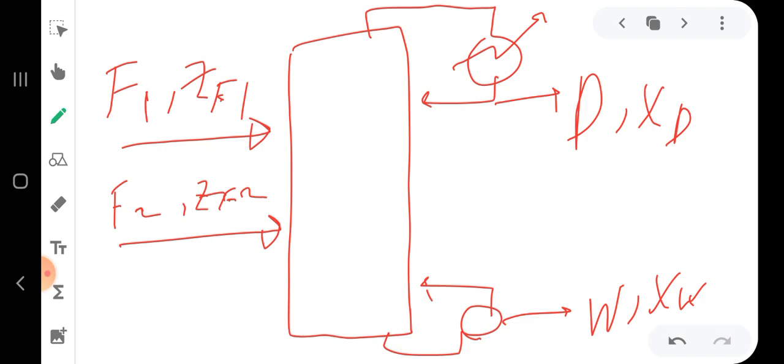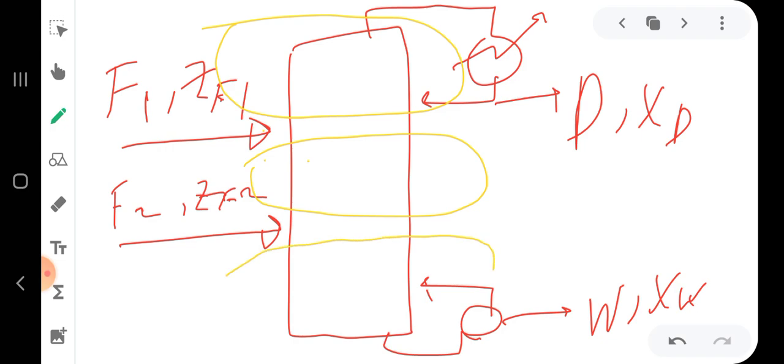This will be my first section until feed 1, this will be my second section until feed 2, and this will be my third section from feed 2 to the waste. So the idea is that we divide the column into 3 sections, each section separated by a feed stream. And you can extend this idea.